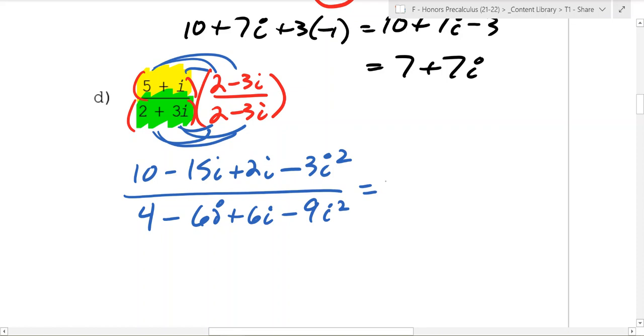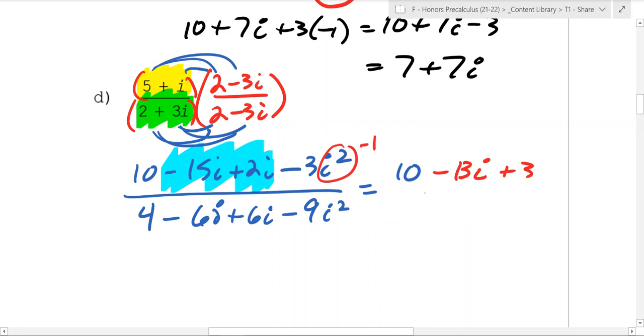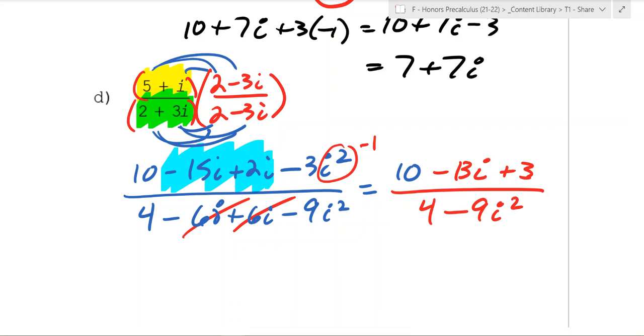What happens here? You end up with 10, and then you have like terms right there. So 10 minus 13i, and this is negative 1, so that turns into plus 3, over, well, those cancel, 4 minus 9i squared, but i squared, remember, is negative 1.